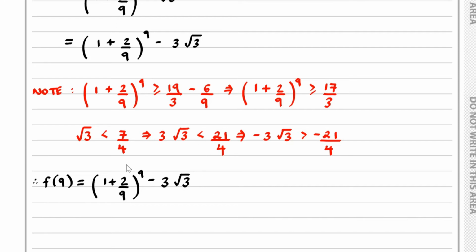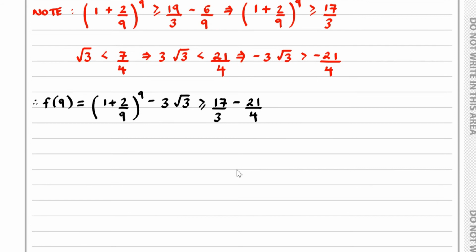This result here, well, we know that this over here is greater than 17 over 3, and then we are subtracting something which is greater than 21 over 4. So with that idea, then what we have is 17 over 3 subtract 21 over 4.